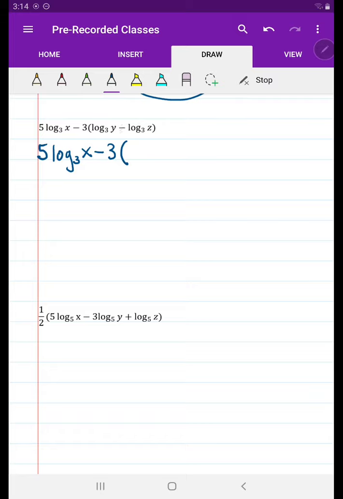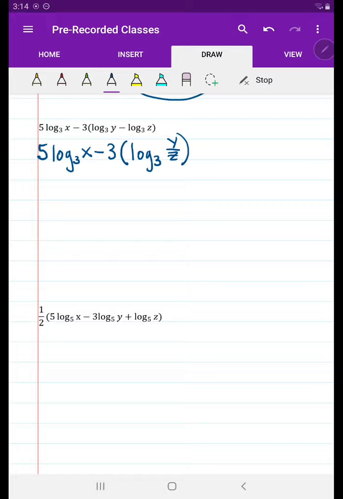I've got subtraction between them, so that's going to turn into division. So then this will be log base 3 of y over z.